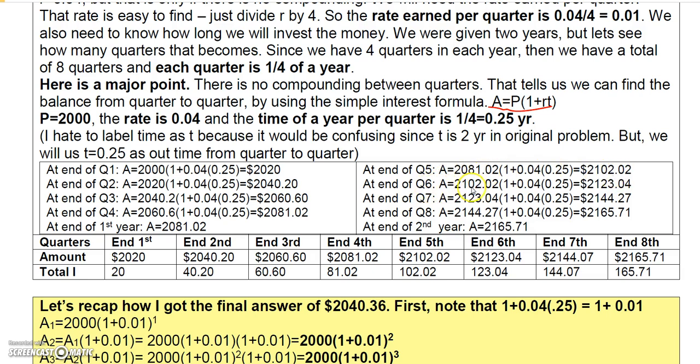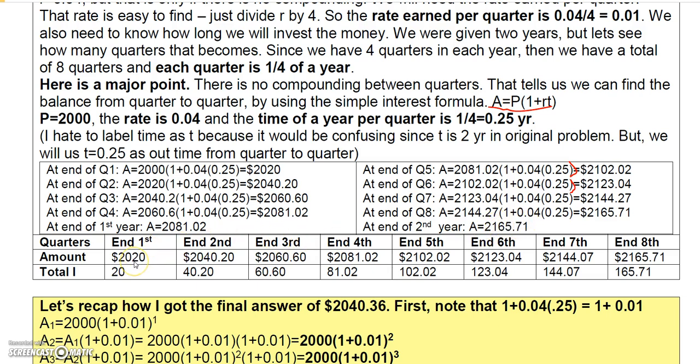And then quarter 6, take 2,102.02 and multiply that by this expression, and you get 2,123.04. And then at the end of quarter 7, similarly, at the end of quarter 8, similarly, and so forth. Now, it looks like I left off a parenthesis on each of these. There should be an extra parenthesis on each one of these to the far right, so that's my bad. But anyway, at the end of the second year, you get 2,165.71.